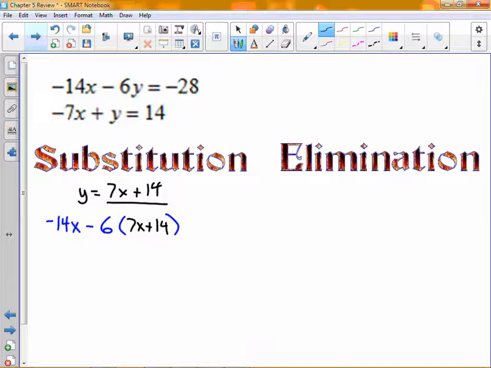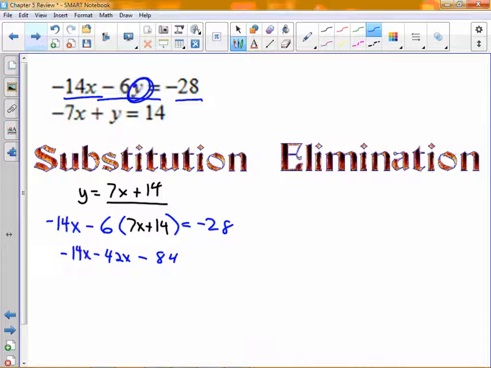So up in the top of this problem, it used to say negative 14x, just like it does down there, minus 6y equals negative 28. So I took out the y and replaced it with 7x plus 14. So negative 14x minus 42x, negative 6 times 14, what is that, negative 84?